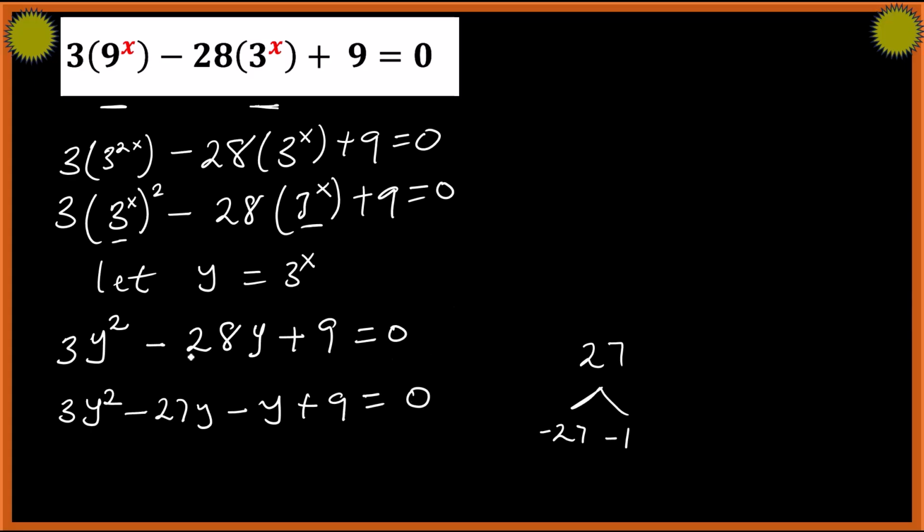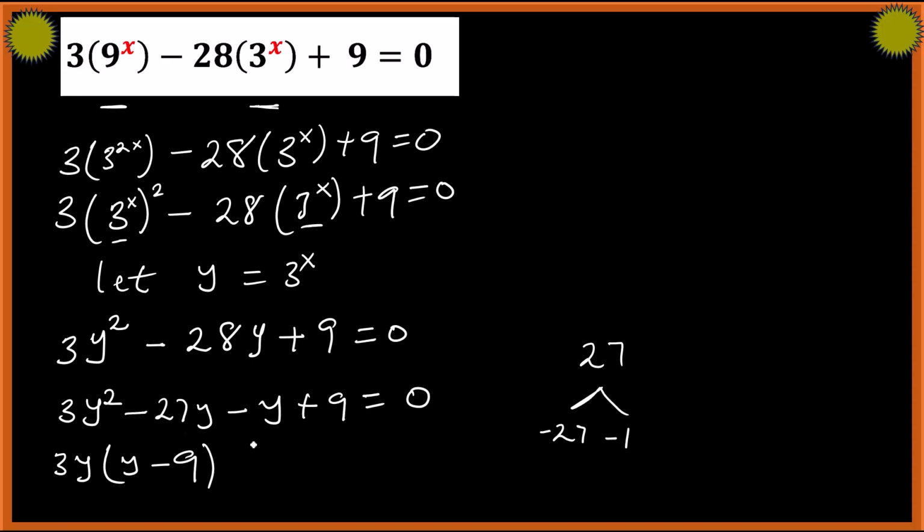Now let's factorize something out here. 3 can go into this, so let's take 3y out. I will leave y here. This 1 times y will be 3y squared. Then minus 9, because 3y times 9 is minus 27y.